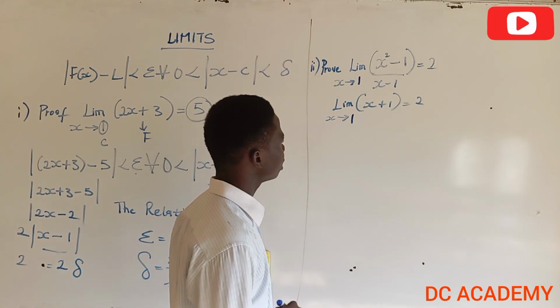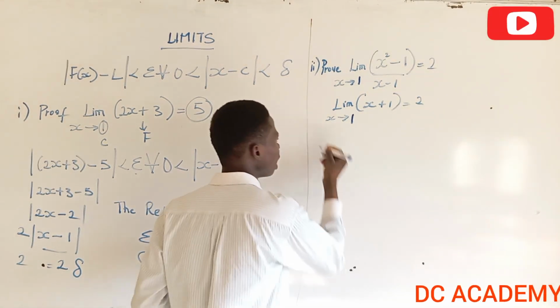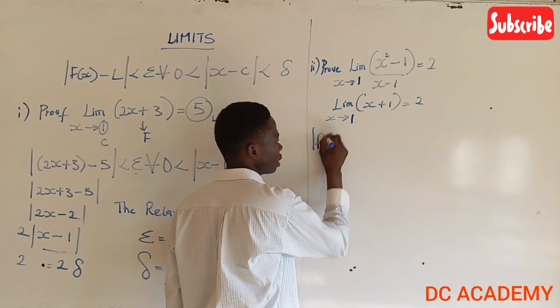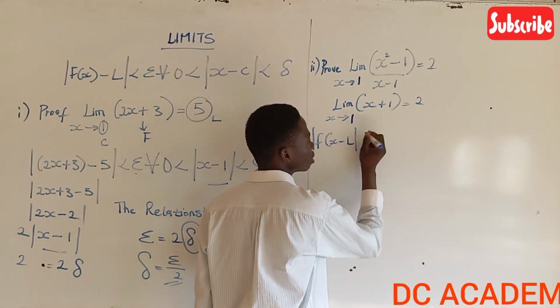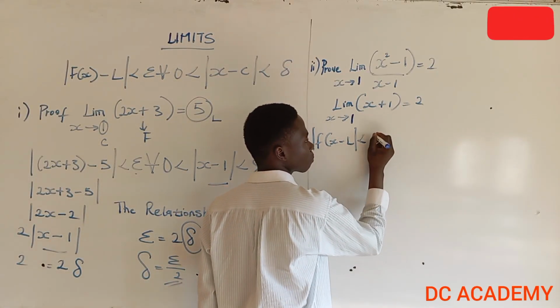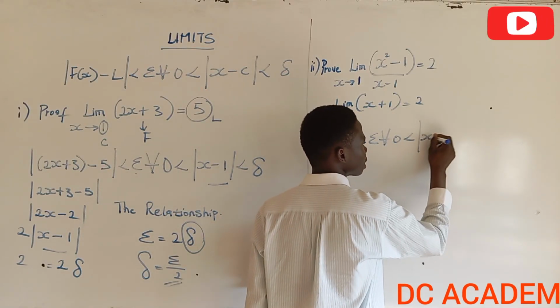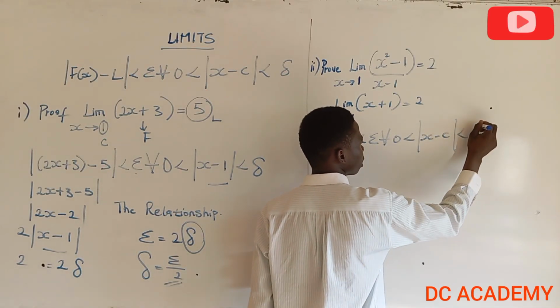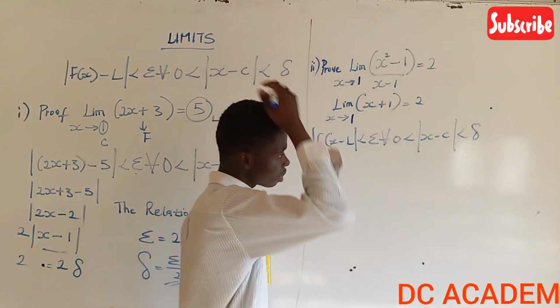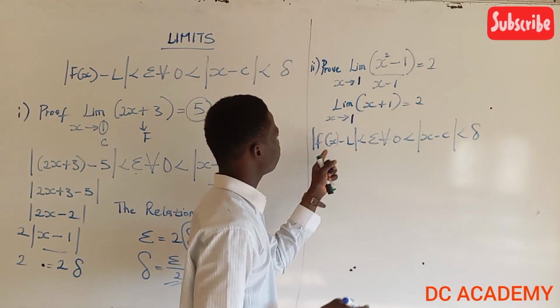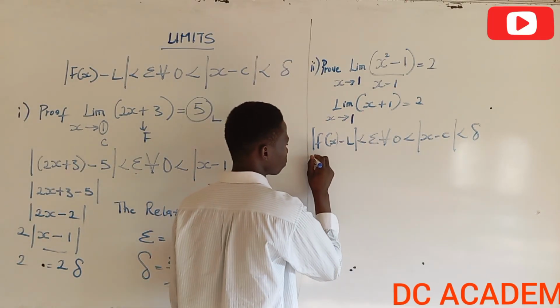So now, looking at this, let's bring that formula back. Basically, we want to use the absolute value of f of x minus the limit less than epsilon for all 0 less than absolute value of x minus c less than delta. Right? So let's substitute this value now. Now this will be what? x plus 1.